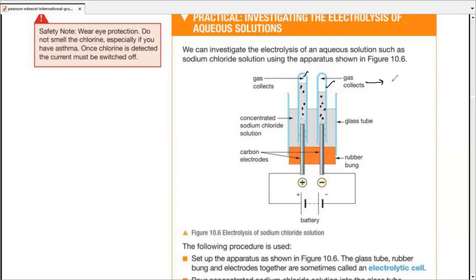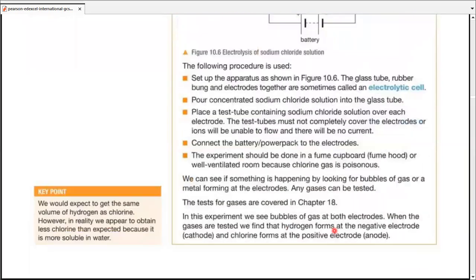We see that there is some hydrogen gas collected at the negative end of the battery, and at the positive end of the battery, there is some chlorine gas being collected, which has a pale green color. The visual observations are very important in electrolysis.